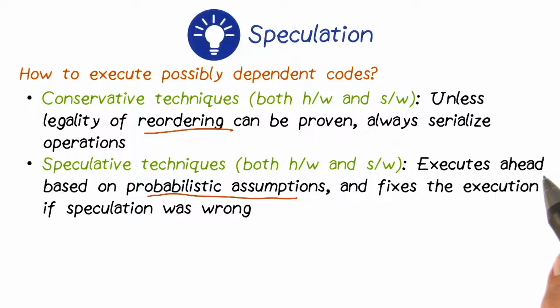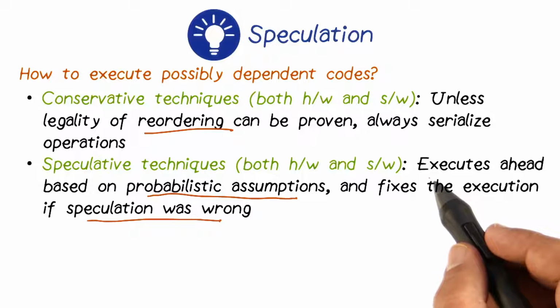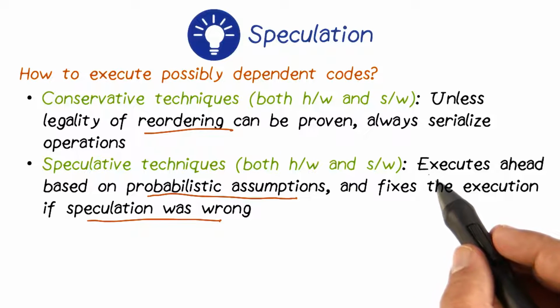Now, what if the speculation is wrong? If we execute that load and the branch goes in the other direction, which does not have the load, then the speculation was wrong and we must correct it in some way. We can probably undo the result of this speculation by reloading the old value into that register and keeping it there for execution. That is one way to correct the speculation.